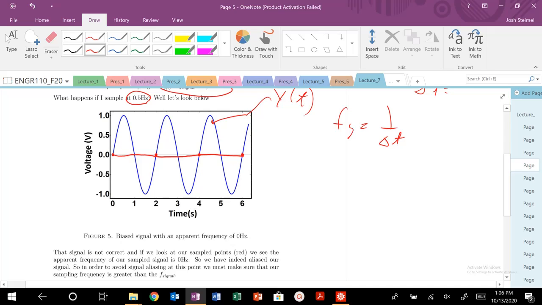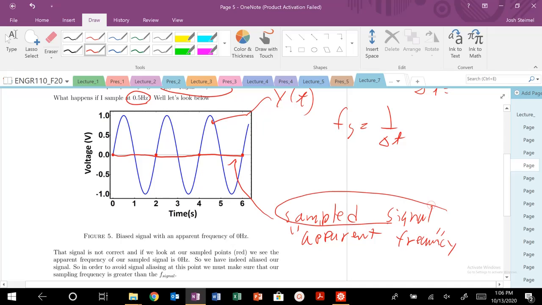So when you sample, this is our sampled signal. In our sampled signal, we're going to see what is the apparent frequency of the signal that we have just sampled.